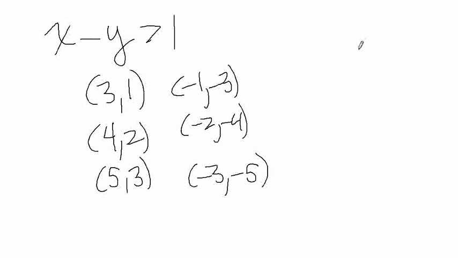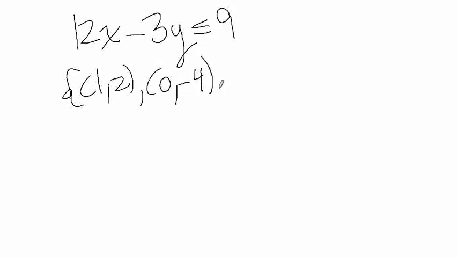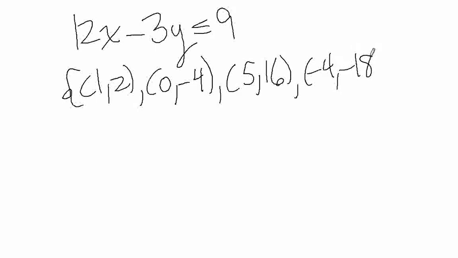So let's do another example. Suppose we had this linear inequality. Suppose we wanted to know what points in the following set are solutions to that linear inequality: (1, 2), (0, -4), (5, 16), and (-4, -18).